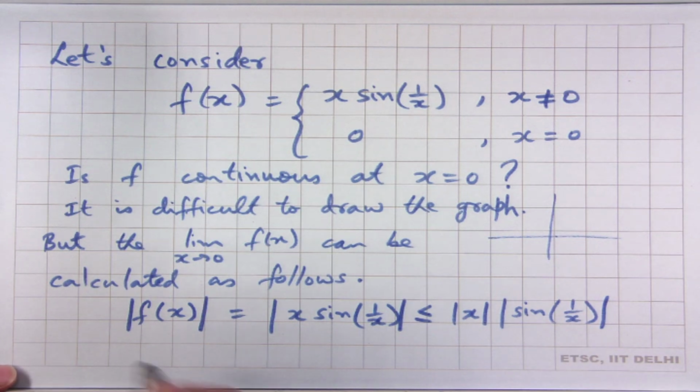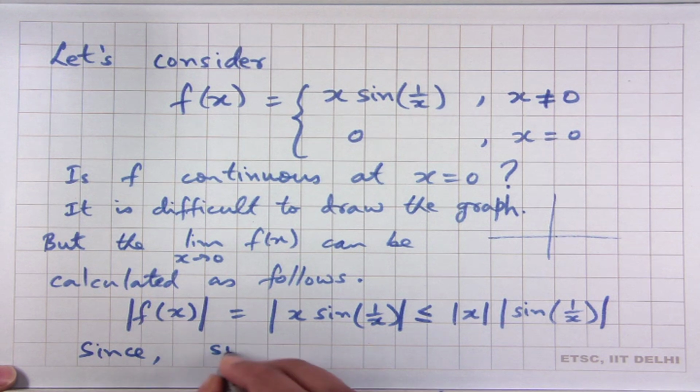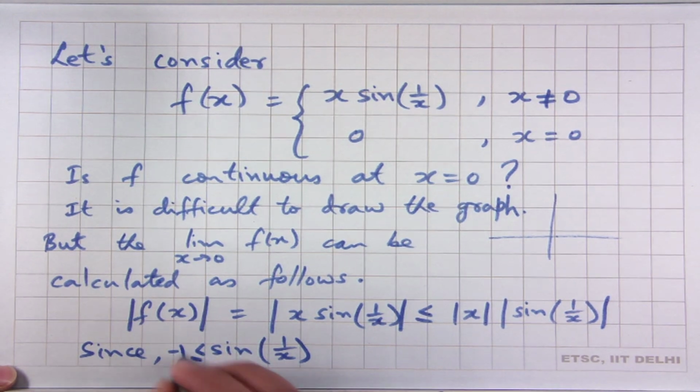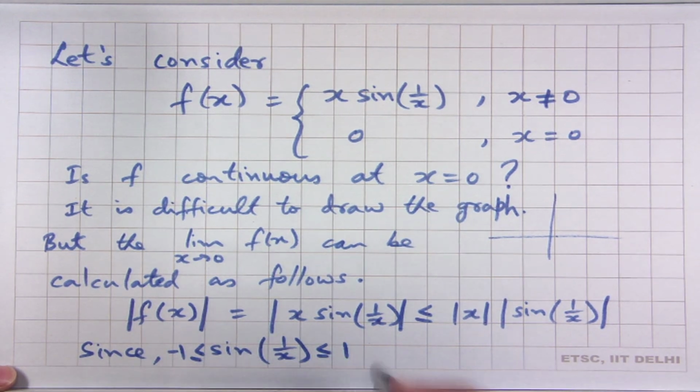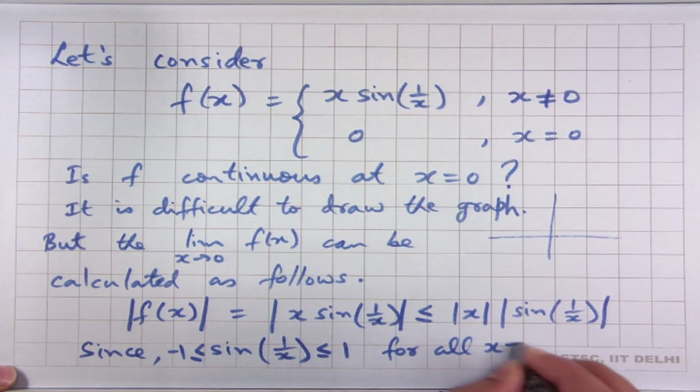Since sine of 1 by x, we know that it is always between minus 1 and 1 for all x not equal to 0.